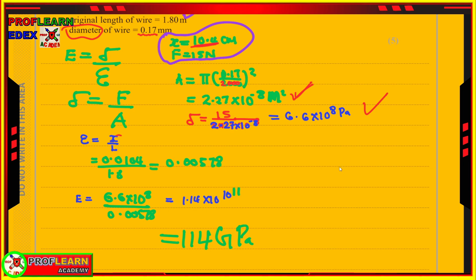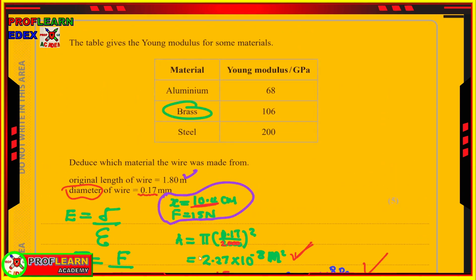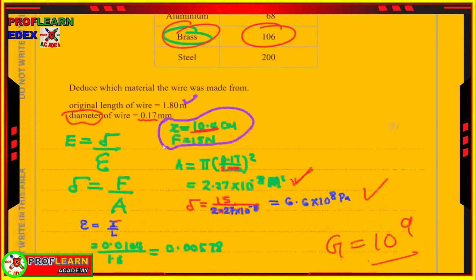And remember, giga is the same as 10 raised to power 9. So I divided this value by 10 power 9, so that it became a nicer value. If you compare the values, this was close to this, and I concluded the material that was there was brass.